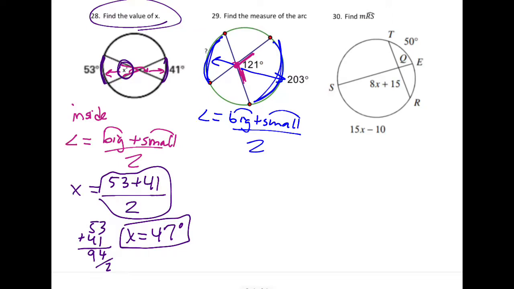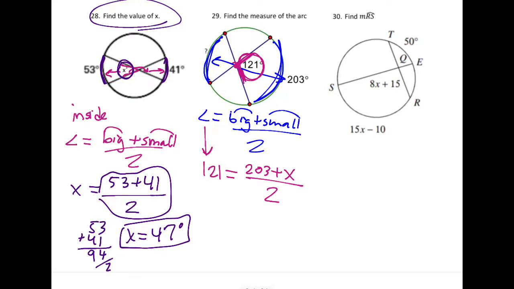So now this one's about putting things in the right place. If you look at what's in the angle spot, what's in the angle spot is the 121. So that has to go in the angle spot in the formula, equal to, well, look, what's on the big arc is 203 plus whatever's on the small arc, which is our question mark. So I'm going to use a variable. I'll just use x since it's most commonly used. And then we're going to divide by 2.